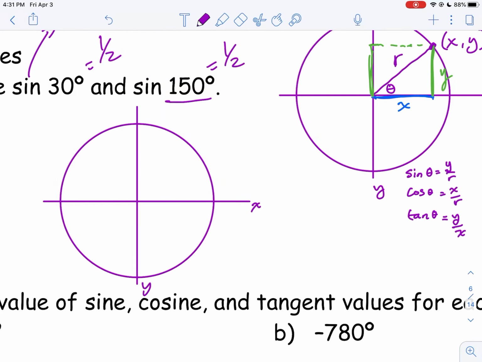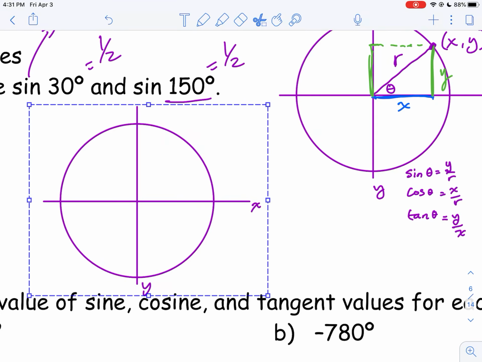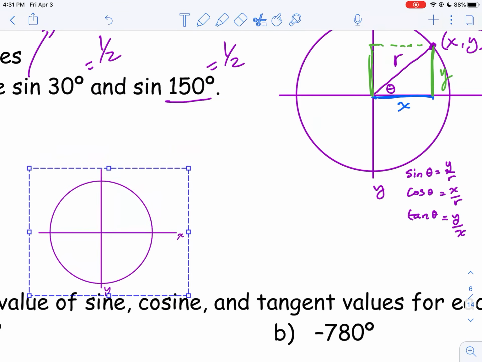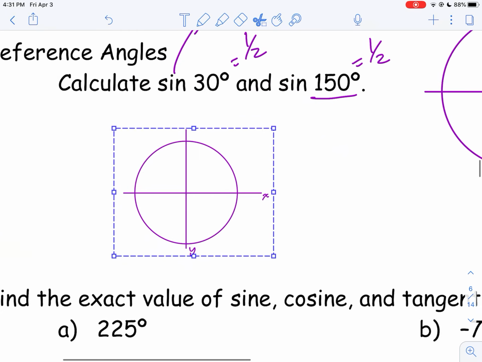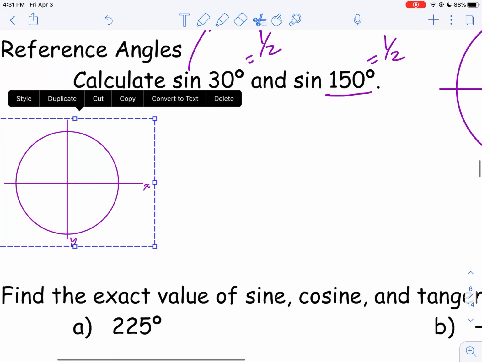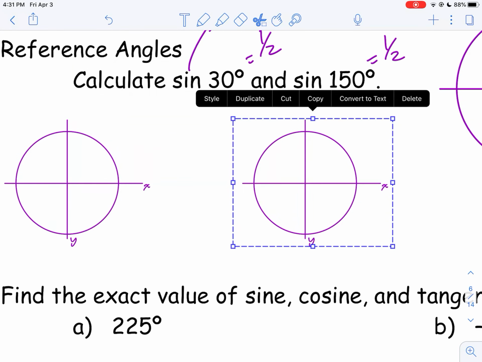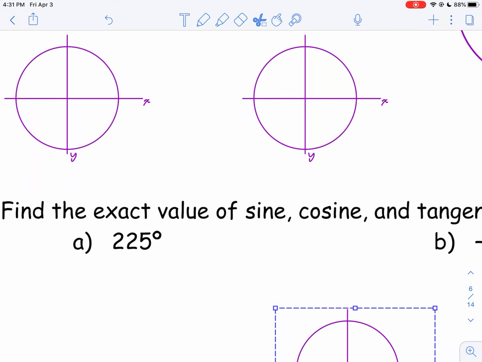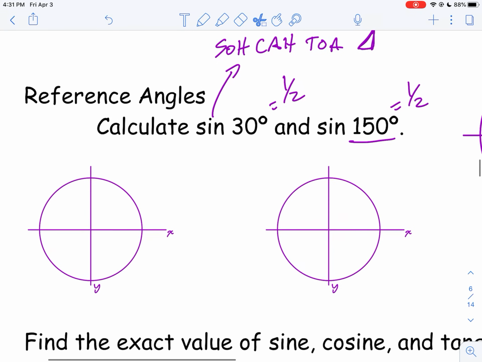Definitely a lot of work there to get this picture, but now that I have it, I can use it to my advantage. And I'm even going to duplicate one for later.